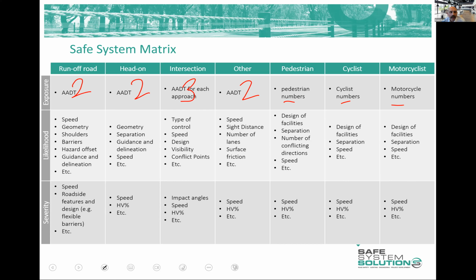What I find is almost all the time, there's some sort of traffic volumes, AADTs, that I can gather. Very rarely do I get pedestrian counts, cyclist counts. And motorcyclist counts, well, sometimes the traffic counters have been able to pick up motorcyclists and you can get an idea of that. But you will have to make a judgment on this.